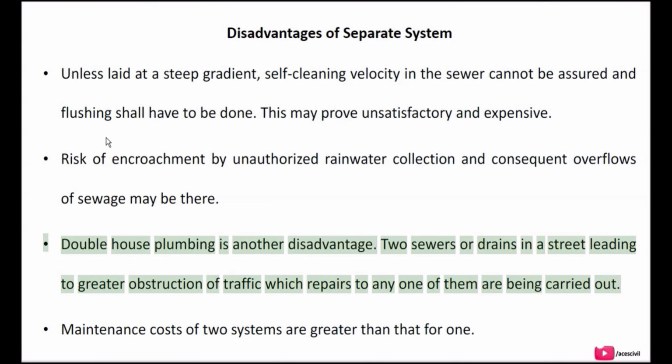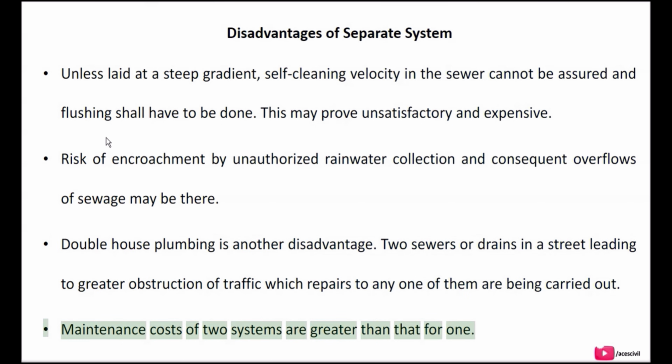Double house plumbing is another disadvantage. Two sewers or drains in a street lead to greater obstruction of traffic when repairs to any one of them are being carried out. Maintenance costs of two systems are greater than that for one.